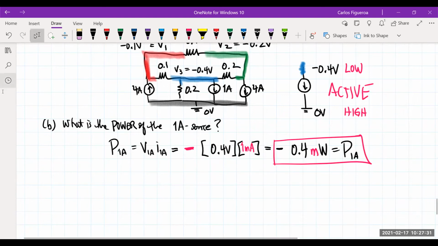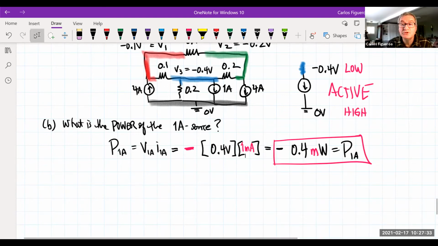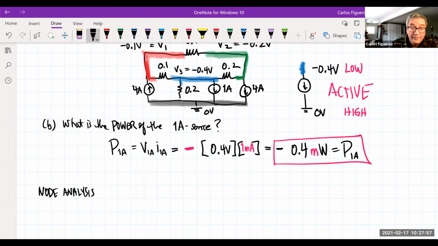Okay. That's how you use node analysis to solve these problems here. So what I'm going to do now is look at node analysis, but this time with voltage sources.